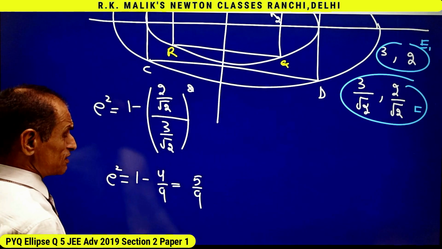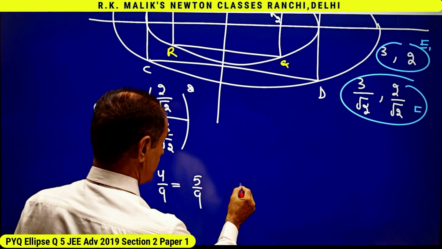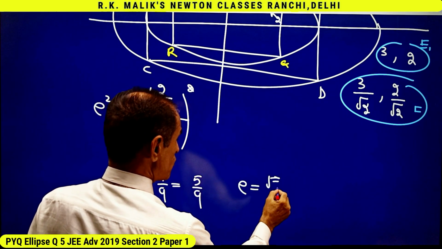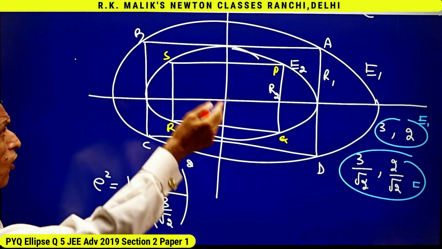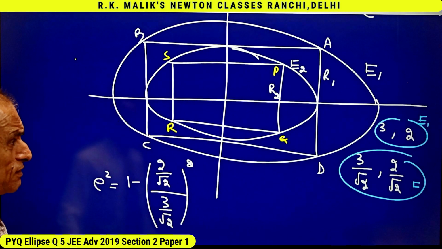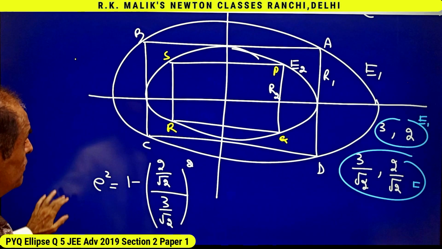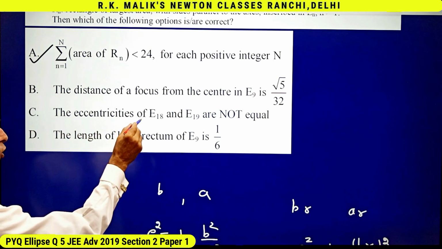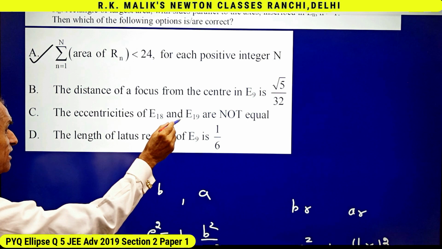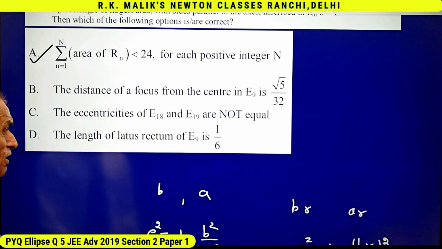Therefore, the eccentricity of ellipse E2 will again be root 5 by 3, that is, the eccentricity of all the infinite number of ellipses is the same, root 5 by 3. And choice C, which says that the eccentricities of E18 and E19 are not equal, becomes a wrong choice.